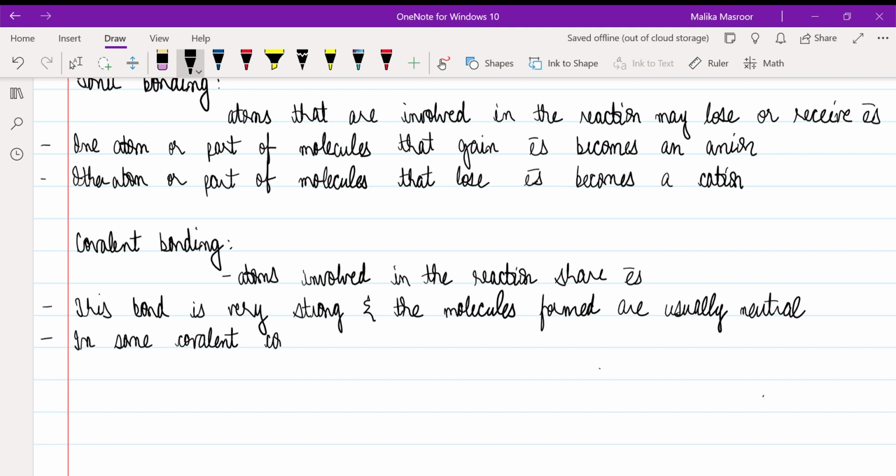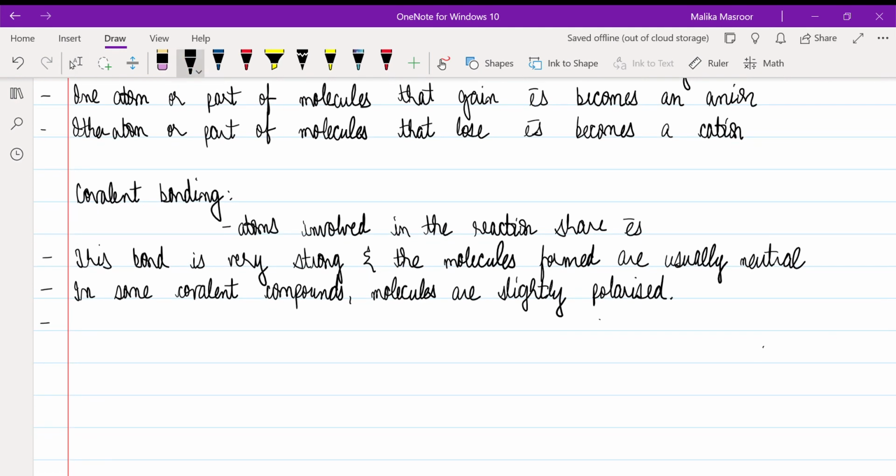In some covalent compounds, molecules are slightly polarized. And this happens because the electrons are not evenly shared. In ionic bonding, it was transferred completely, positive or negative. But in this, they're not evenly shared, so that's why they become polarized.